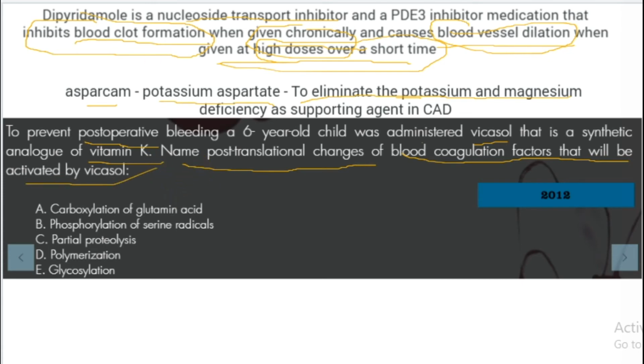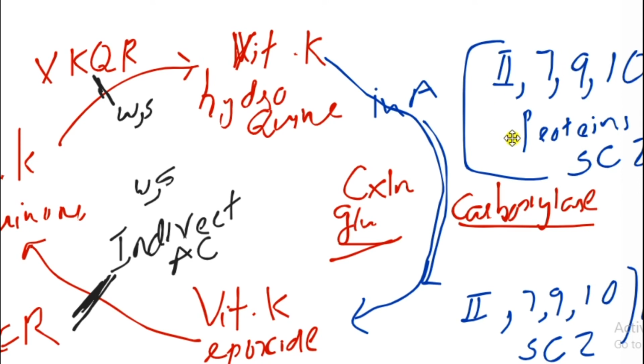These blood coagulation factors are inactive and become activated by the enzyme carboxylase along with the carboxylation of glutamic acid, and vitamin K hydroquinone is converted to vitamin K epoxide. So this is our point: carboxylation of glutamic acid will occur.